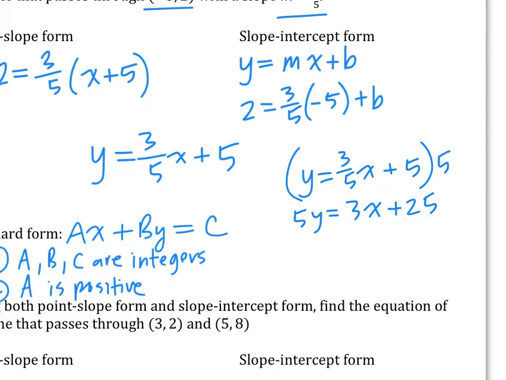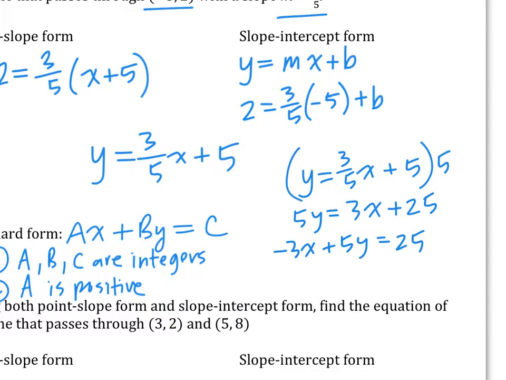All right, are we in our form? No, what do we have to do? Subtract 3x. Okay, I'm going to put it in order. Minus 3x plus 5y equals 25. Am I in the correct form? No. It's not positive. A has to be positive. So what do we have to do to make that -3 positive?